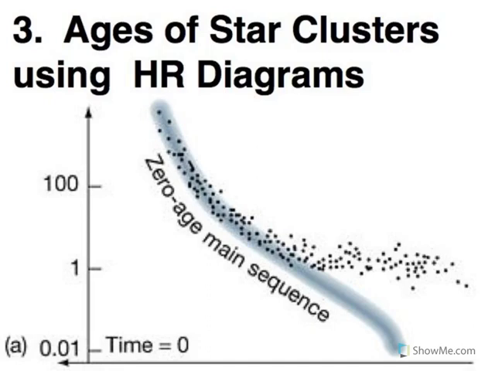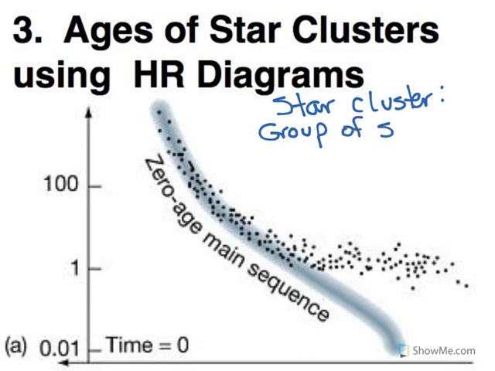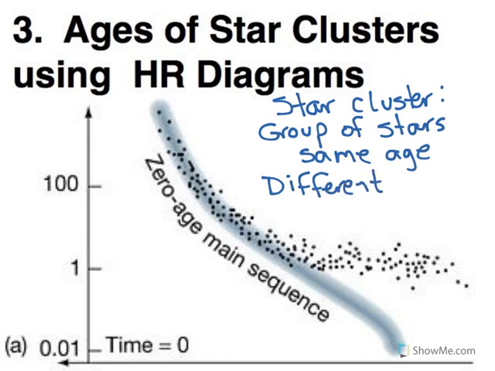Ages of star clusters using HR diagrams. Recall that when we are looking at a star cluster, what we are seeing is a group of stars that are the same age. But because they are different masses, they're going to die at a different rate.